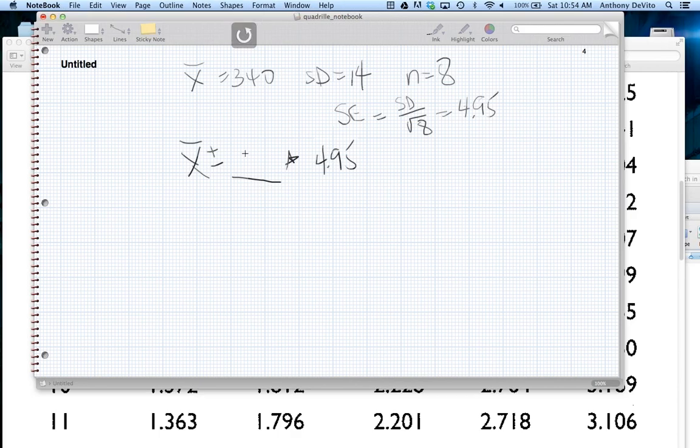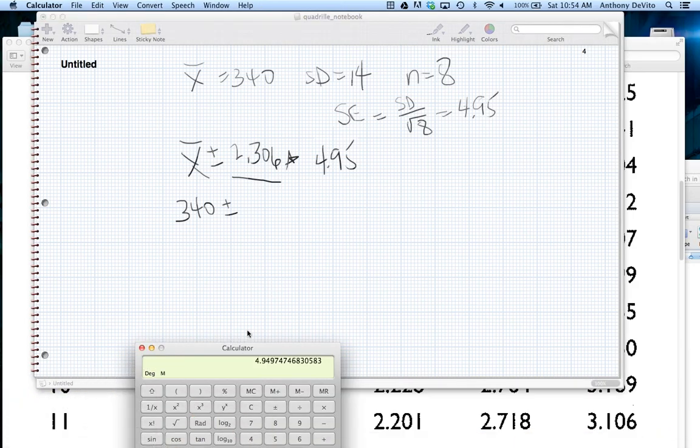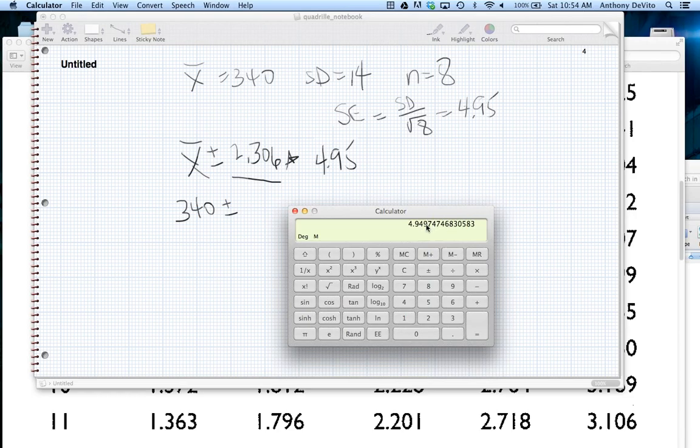So this is going to be 2.306. So now X bar was $340. That was my mean, plus or minus my margin of error. Let's calculate my margin of error. Okay, I don't have to round it. I can use that still. I'm not going to round it. Times 2.06. Oops.